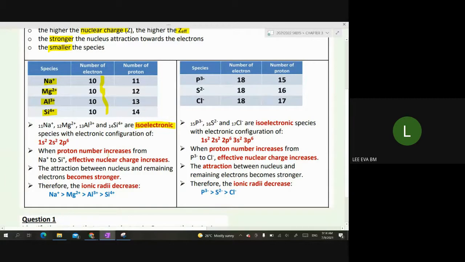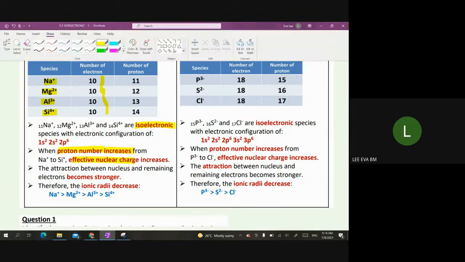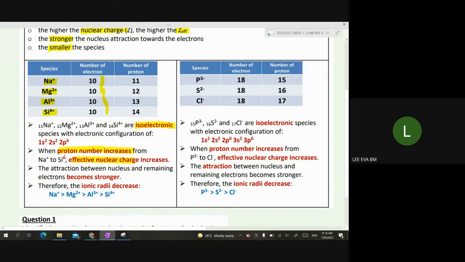So when proton number increases, effective nuclear charge increases from sodium positive to silicon 4 positive. Okay, so over here is a 4 positive. So the attractions between nucleus and the remaining electron become stronger. Therefore, the ionic radii or the ionic size decreases from sodium to silicon.